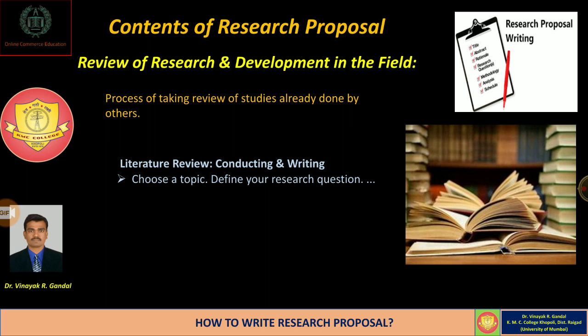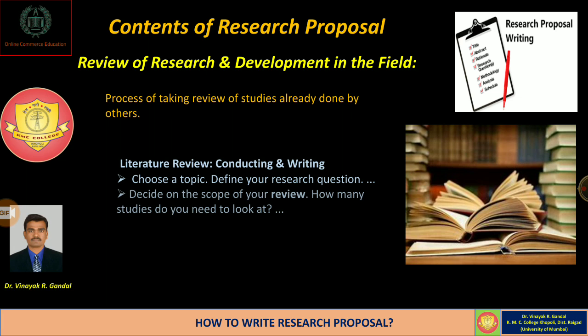While writing a literature review, the researcher is required to choose a topic, define some research questions, and then find some literature. The researcher should decide on the scope of their review. He is required to consider how many studies the researcher needs to look at.